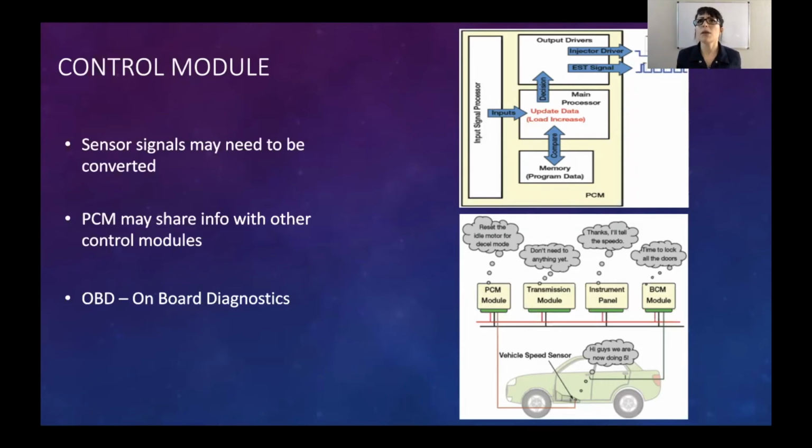But the problem is that nothing was standardized. So what Chevy used was different from what Ford used, which was different from what Toyota and Honda used. And everybody had different names for sensors, different names for connectors, and different connectors to connect.